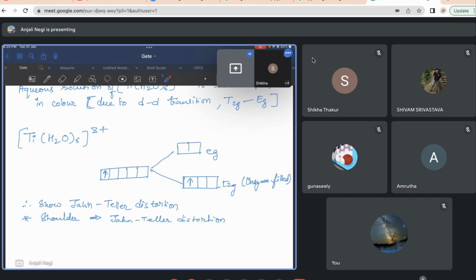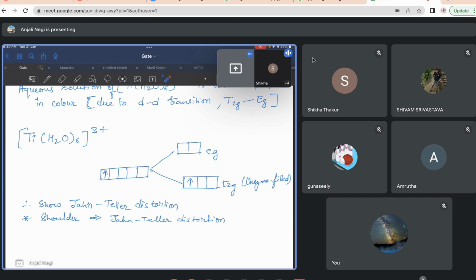Since it is octahedral, in the octahedral field it splits into the T2g and Eg orbitals. You see that there is an unsymmetrically filled T2g orbital, and because of that this metal complex will experience a Jahn-Teller distortion. This is also something I have discussed in my previous live session.